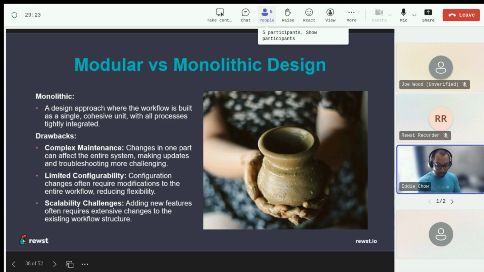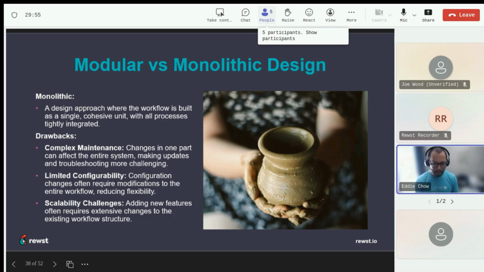And as you can imagine, as monolithic systems or workflows grow, it's very hard to maintain them. It's very hard to scale them. It's very hard to debug them because everything is one big unit. Everything is dependent on each other. We have to test the entire thing. And again, introducing one change in a very tightly coupled, tightly dependent system could break something from step 1, even though we're on step 30.